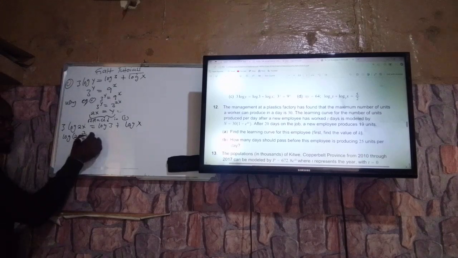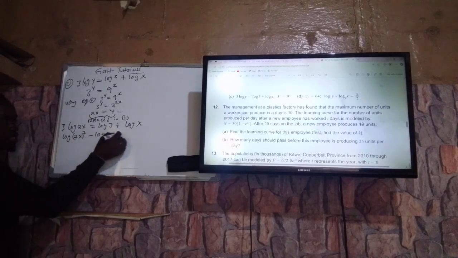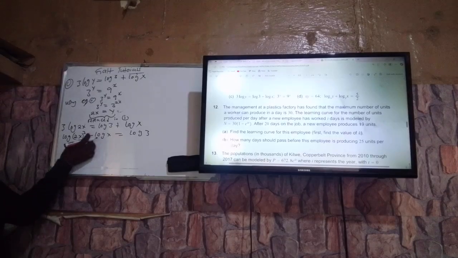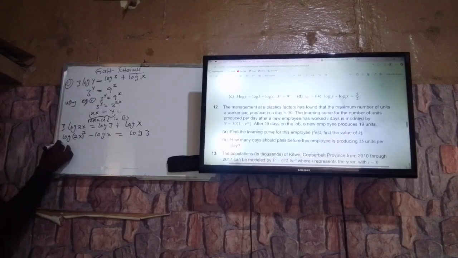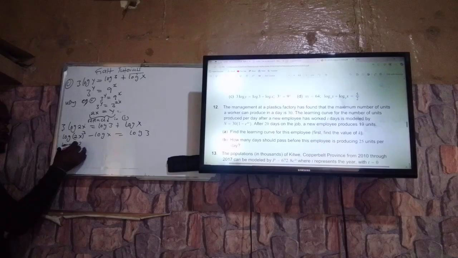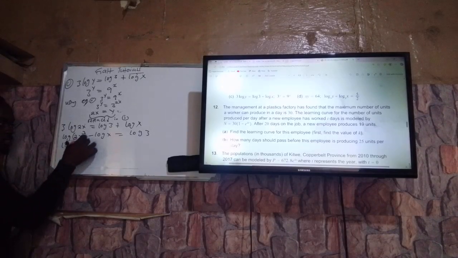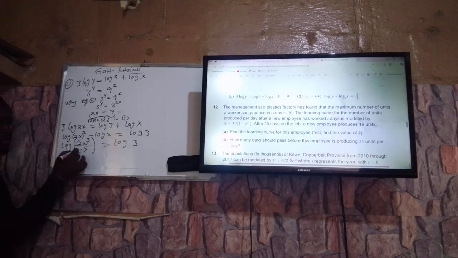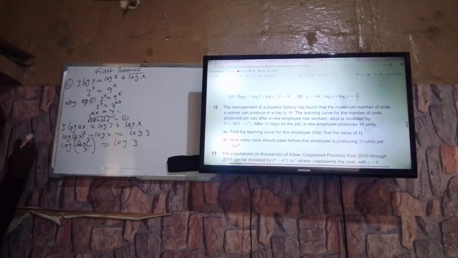When this one comes inside, it will be minus log x equals log 3. I've used everything which has a variable. From the division principle, this becomes log of 2x power 3 over x equals the log of 3. This is x power 3, which we divide by x to have x squared.